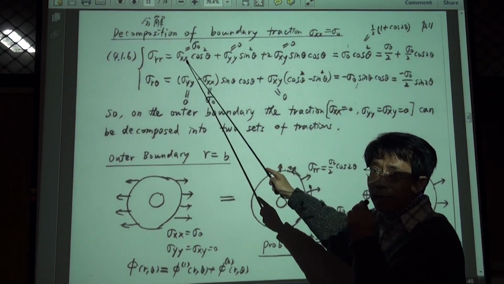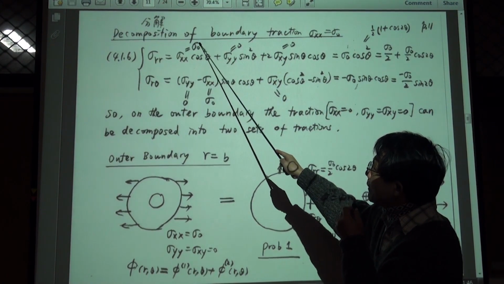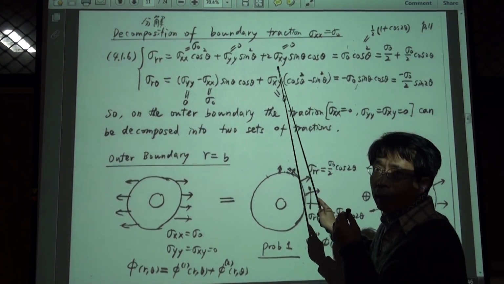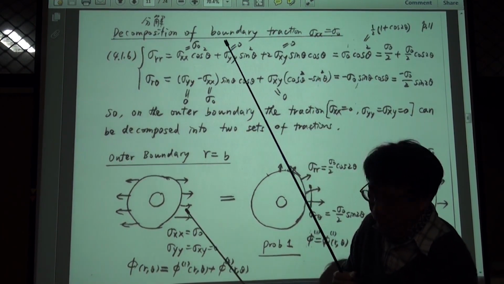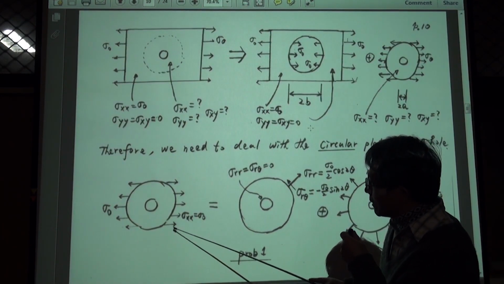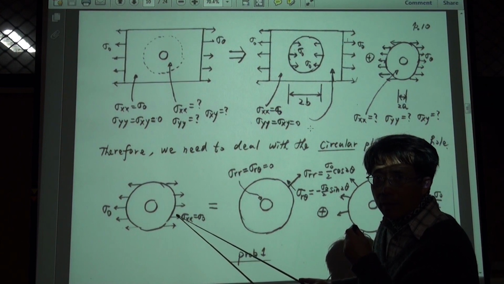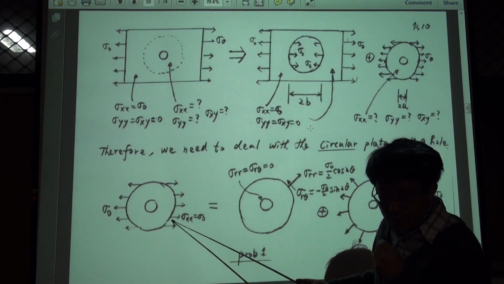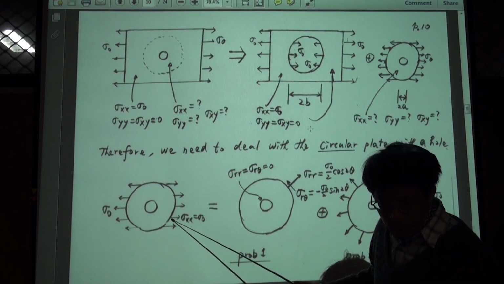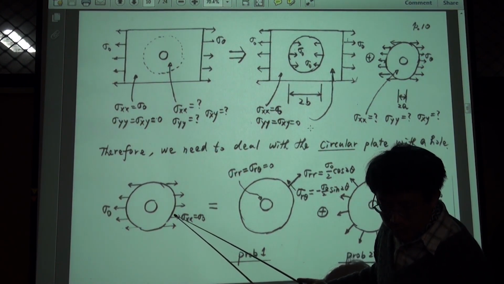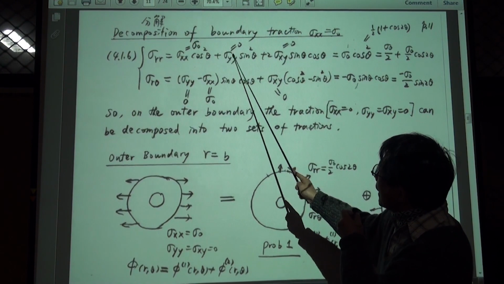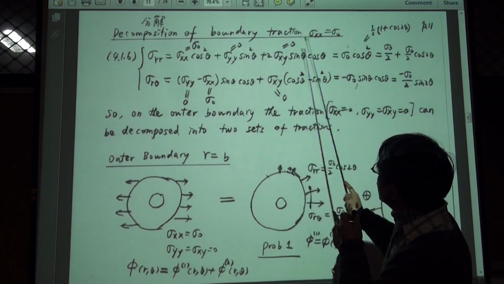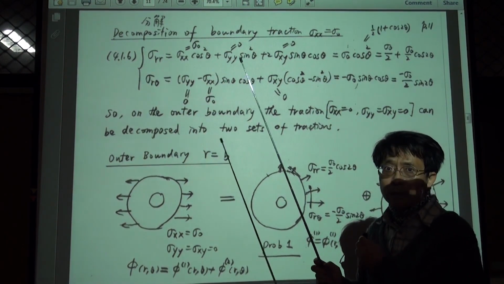Now sigma xx equals sigma 0, sigma yy equals 0, sigma xy equals 0. Why? Because there is no value for sigma yy, so it equals 0, and sigma xy equals 0 too, because there is no distortion, no torsion here. So we end up with a simple description.